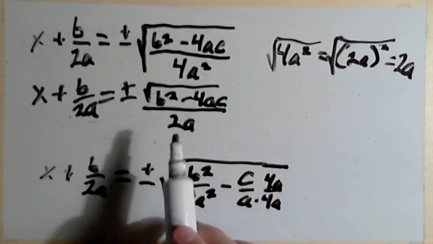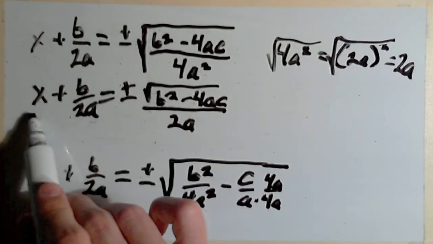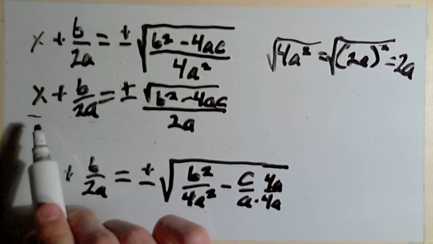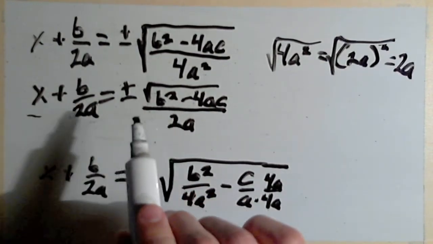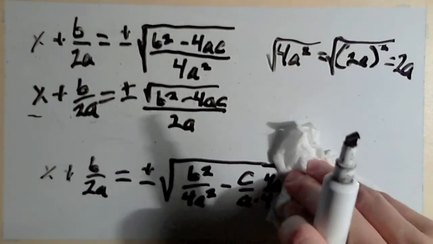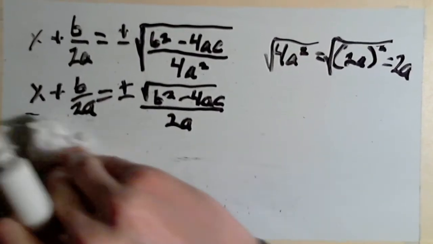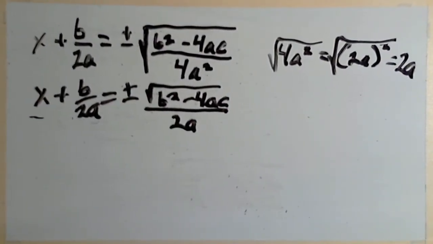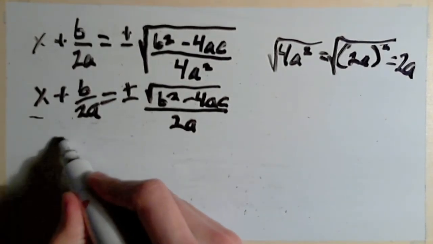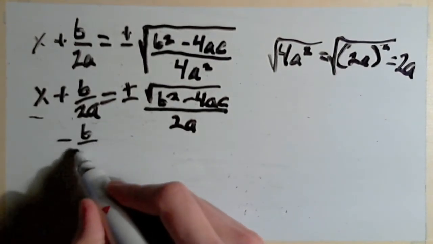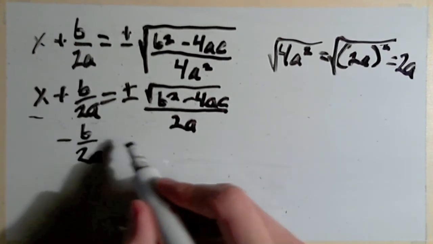Now remember, all along we've been solving for x. So now the only thing we need to do is move this term to the right side of the equation and we'll have found our answer. And we can do that by subtracting off b over 2a from both sides of the equation.